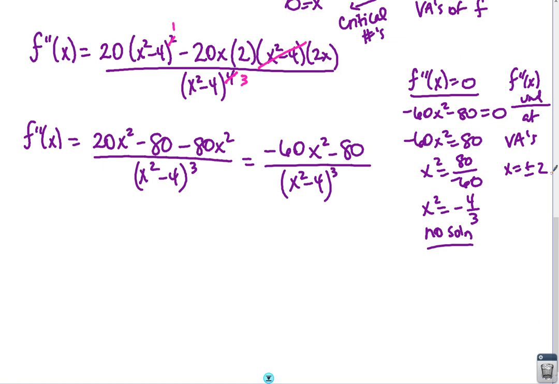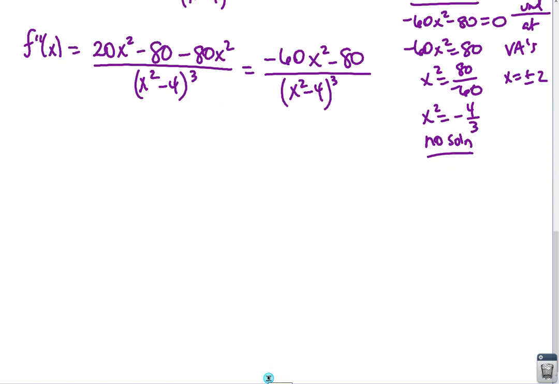And again, we could graph all of this at once, but here's what I like to do. I'm going to put all this in a nice, pretty chart using the same kind of intervals we did with our first and second derivative tests, and then plug things in and go from there. The main numbers that have popped up today, aside from my intercepts, I'm going to leave those alone unless they happen to also be a critical number.